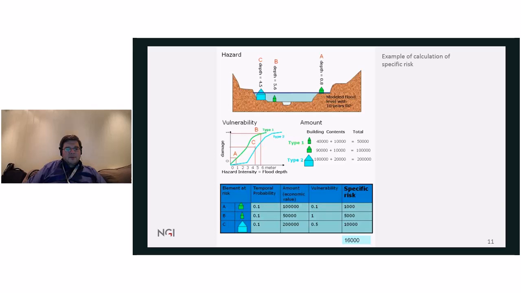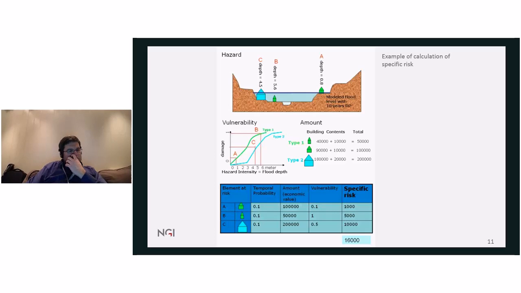And these curves are vulnerability curves or fragility curves. The steeper these curves become, the less resistant the structures are. That means that with a lower hazard intensity, the structure is affected with a higher degree of damage.